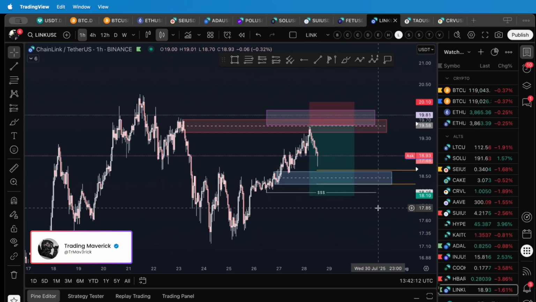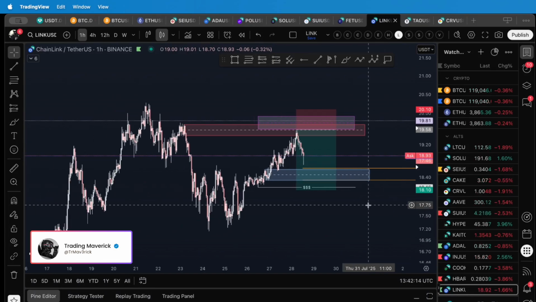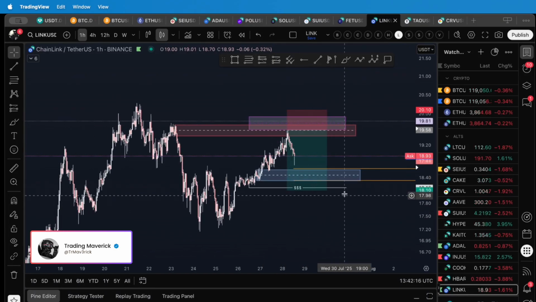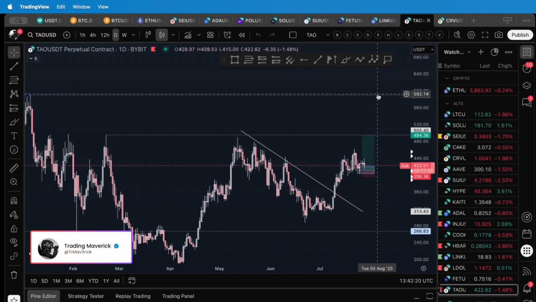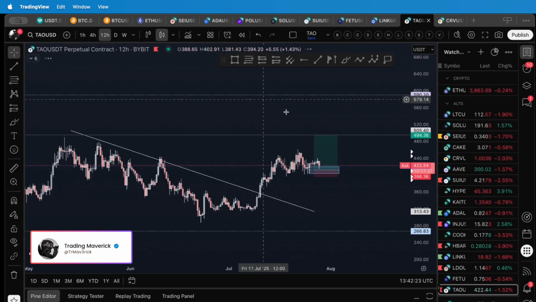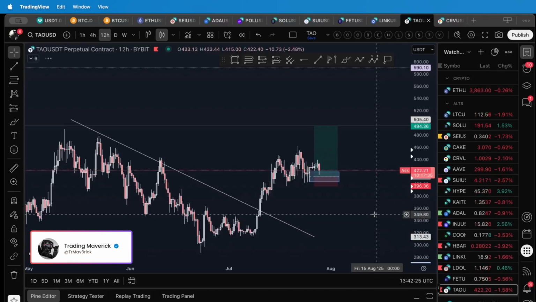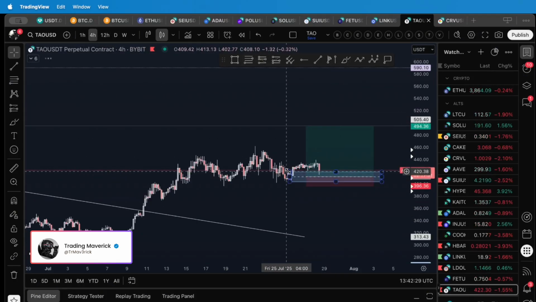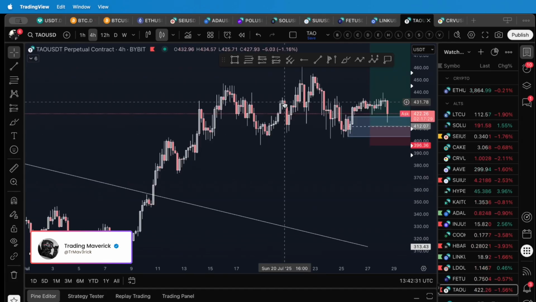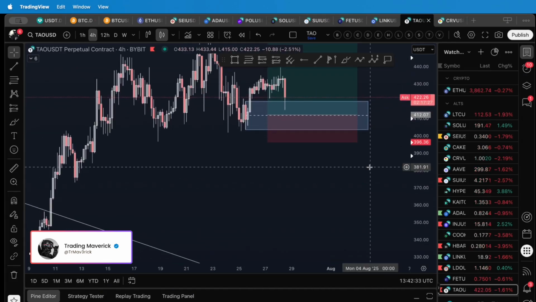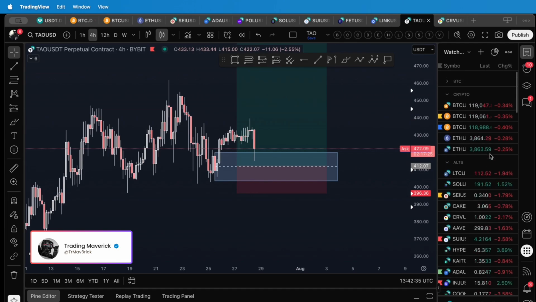But yeah, I'm also looking for a bounce, maybe long, around here or lower. And actually I was interested also in TAO to get some longs. We have a nice 4-hour OB here, and price is actually just tapping into it, with a small reaction.